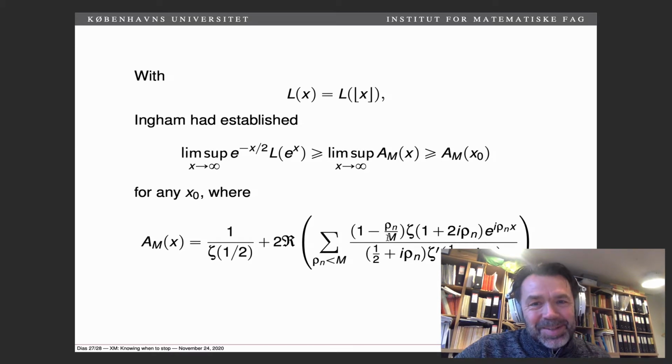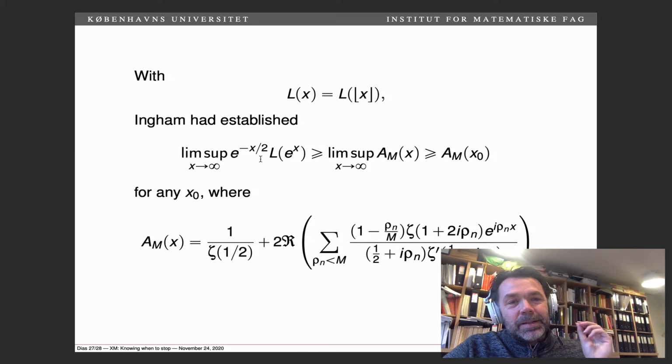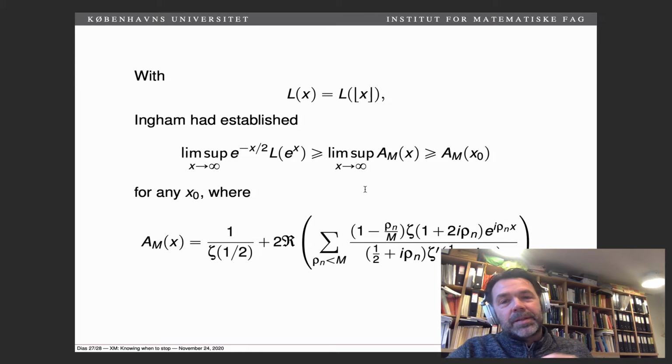Don't ask me how this works, but the point is that then the lim sup of L of e to the x, extended appropriately to the real axis, times e to the minus x over 2, is bigger than or equal to this lim sup. And the point is that this function A_m has a certain periodicity. It's what's called almost periodic.